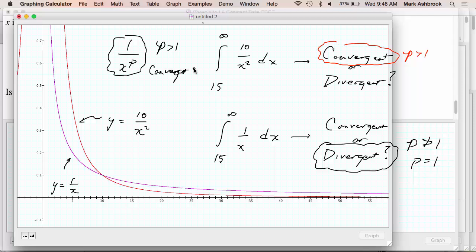Other forms of rate functions, you have to do the math. You have to actually find the antiderivative, take your limits. If you get a number, you did all the math right, then that's your conclusion that it's convergent. Now that would be for other rate functions that approach 0. If you have a rate function and it doesn't approach 0, you don't have to do any math.